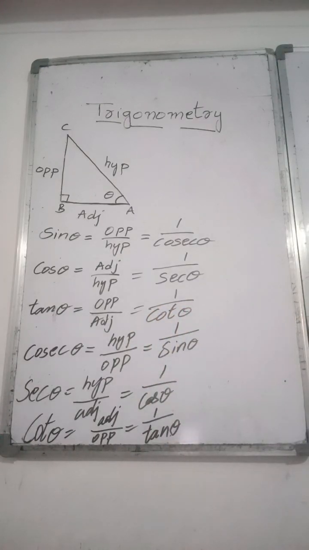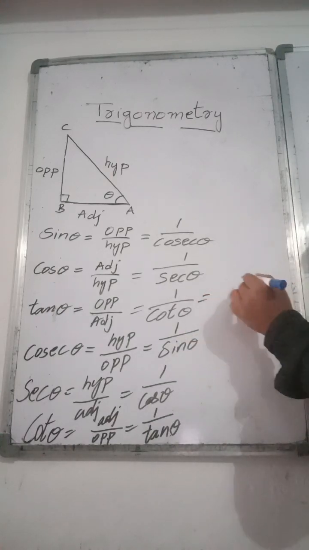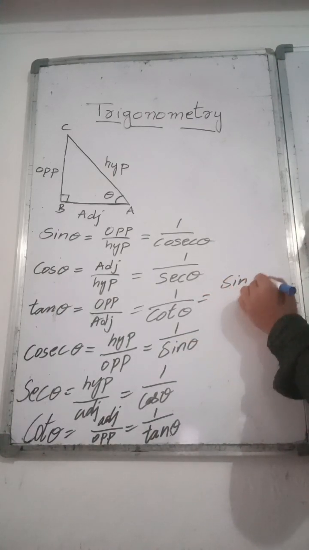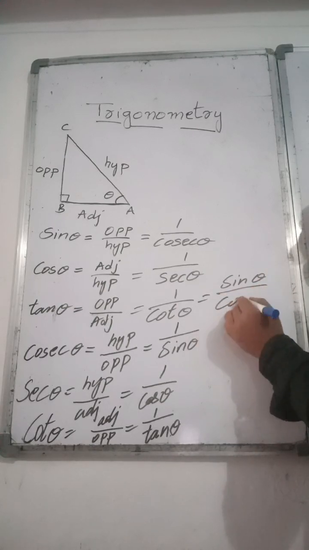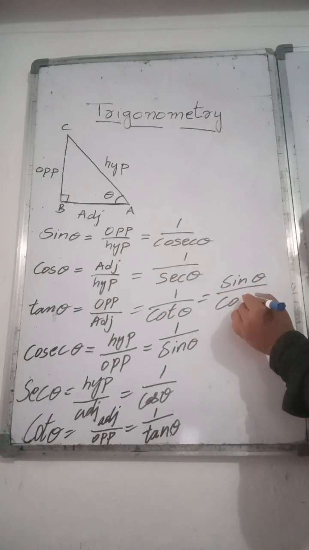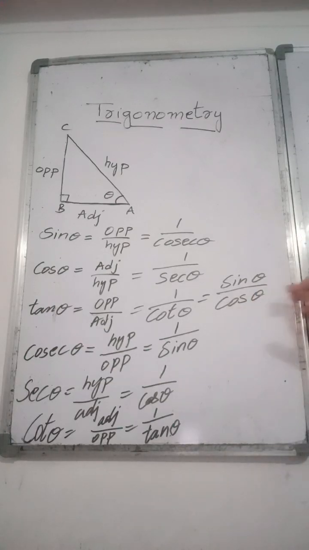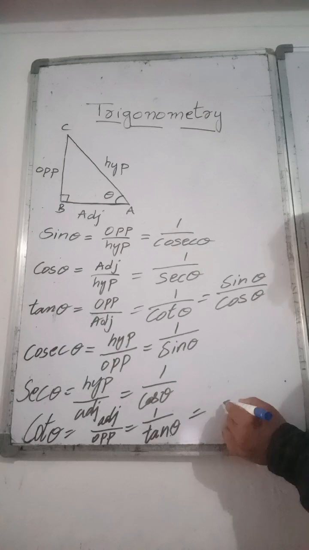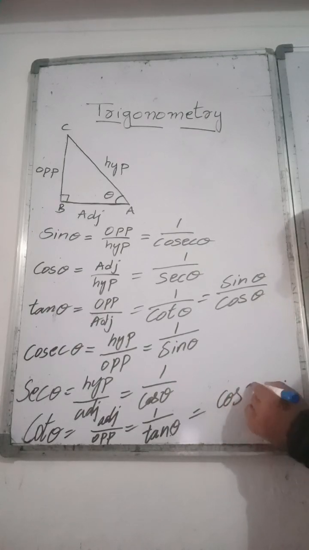Now there is some more. Tan theta is equal to sin theta by cos theta. If we divide the sin ratio by the cos ratio, we get the value of tan theta. And cot theta is cos theta by sin theta.